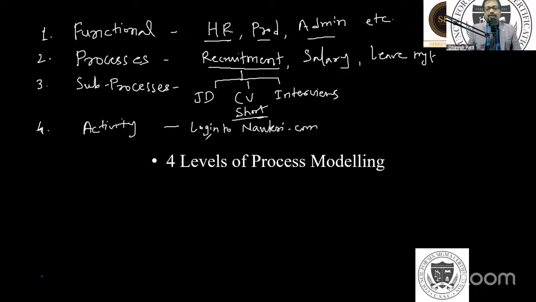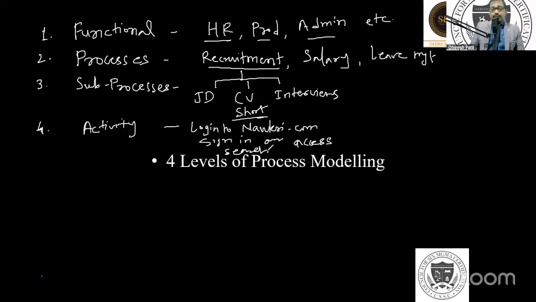Then sign in with your access or whatever it is, right? Then go to search, put your details. All these are activities. Are you understanding? So first is functional, then the process level, then the sub-process level, and the activity level.